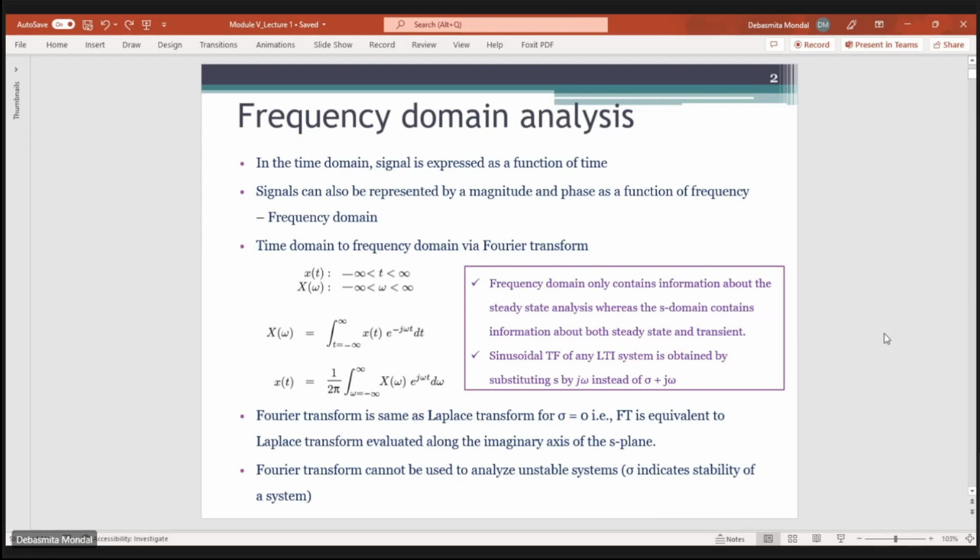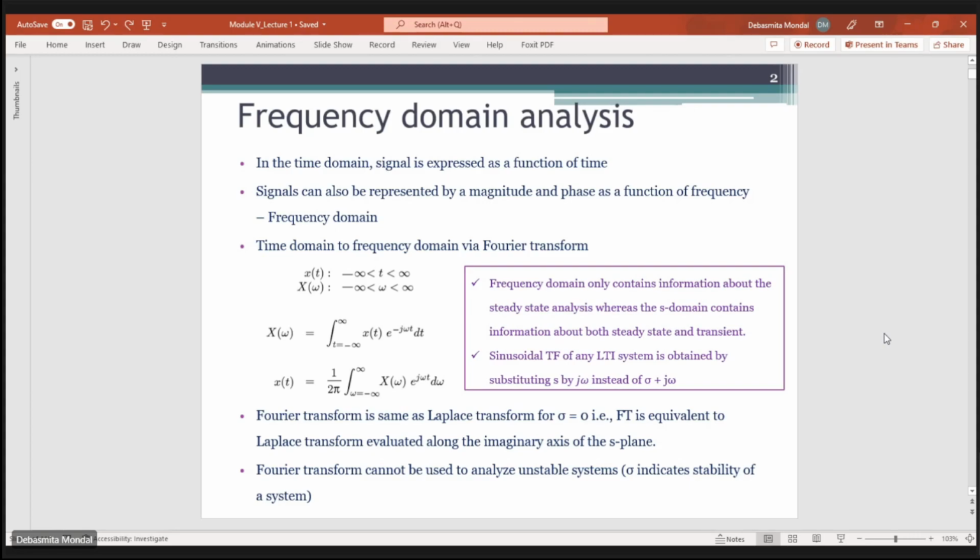Basically, in the time domain the signal is expressed as a function of time, and in the frequency domain we transform the time domain signals into the frequency domain. Whatever signal is given to you can be represented by its magnitude as well as its phase as a function of frequency.